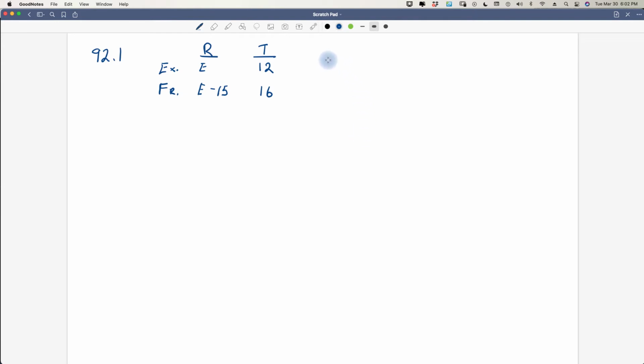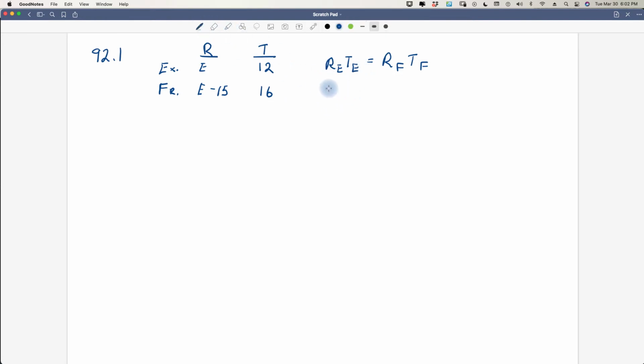So we should be able to say the rate of the express times the time of the express equals the rate of the freight times the time of the freight, right? So the rate of the express, we don't know what that was, but we do know that the time was 12.